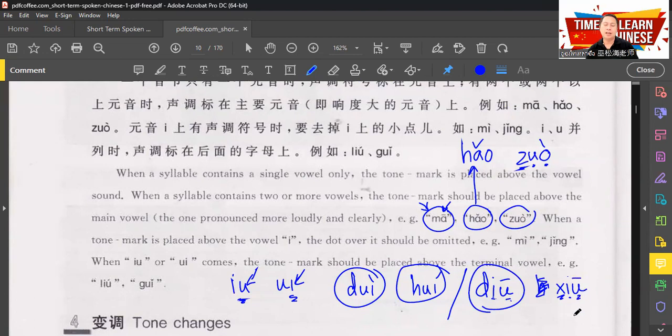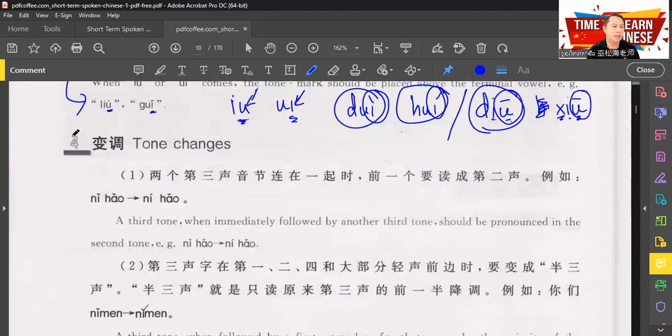First tone is 修. We have to mark on u. The other example is the same. Mark on u and mark on i.